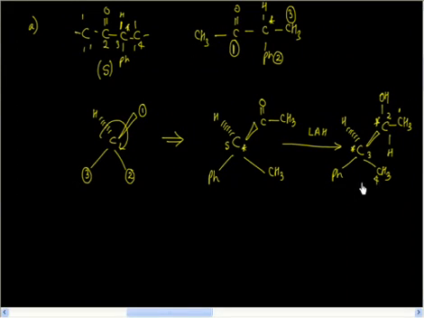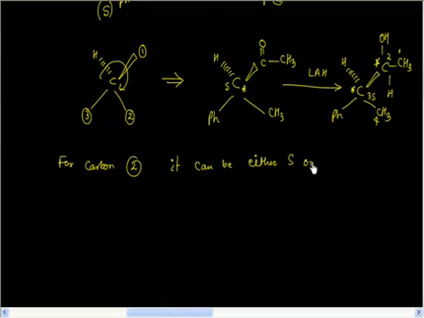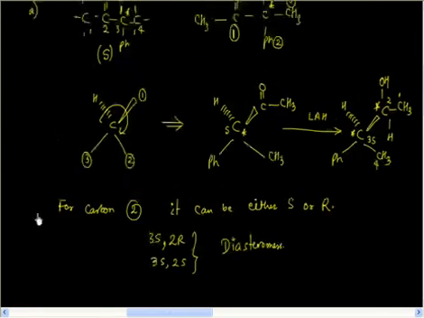So you see initially this carbon number 3 was S configuration, but now carbon number 2 can be either R or S. So for carbon number 2 I have two possibilities, either S or R. This means I will now have configuration 3S 2R or 3S 2S. So there are two possible products. These two products are basically diastereomers. Now let us discuss next.